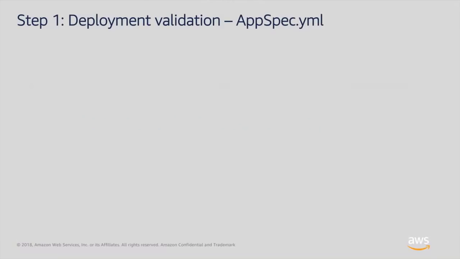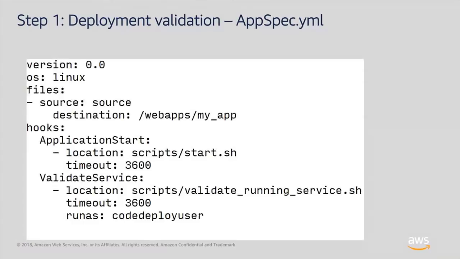So let's look at configuring code deploy. So your application is going to include an app spec file, which will cover, similar to our build spec, some details over the phases of our deploy process. So we've got specific hooks. So we can do things at application start. We can specify where we're going to deploy the files to, and we can do some validation.